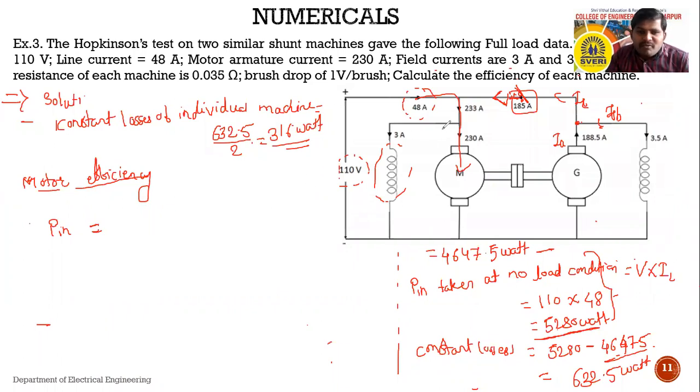Power input म्हणजे मोटर न घेतलेला करंट, V into I. Supply voltage V is nothing but 110. Current taken by the motor when Hopkinson test it can be done. कोणती करंटची व्हॅल्यू आहे? कोणता करंट घेणार आता याच्यामध्ये? इनपुट करंट ऑफ द मोटर. मोटरचं इनपुट करंट किती आहे? 233.